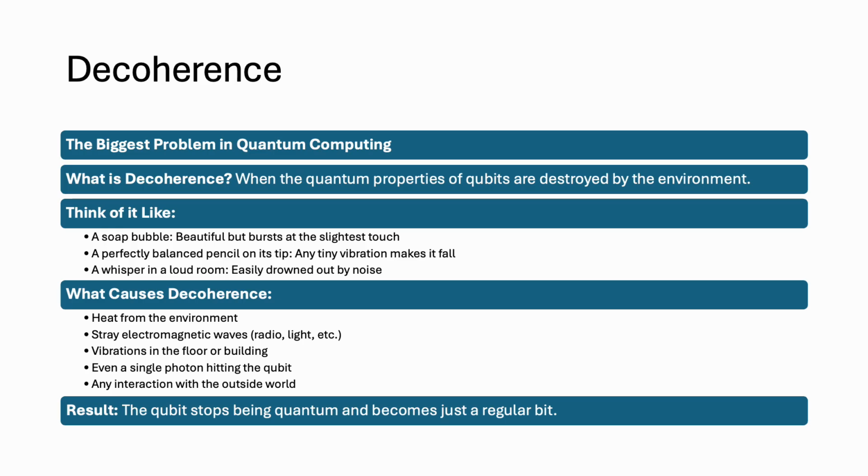This is why quantum computers must be so carefully isolated from their environment. The challenge in quantum computing is not just to build more qubits, but to build qubits that stay quantum long enough to perform useful calculations.